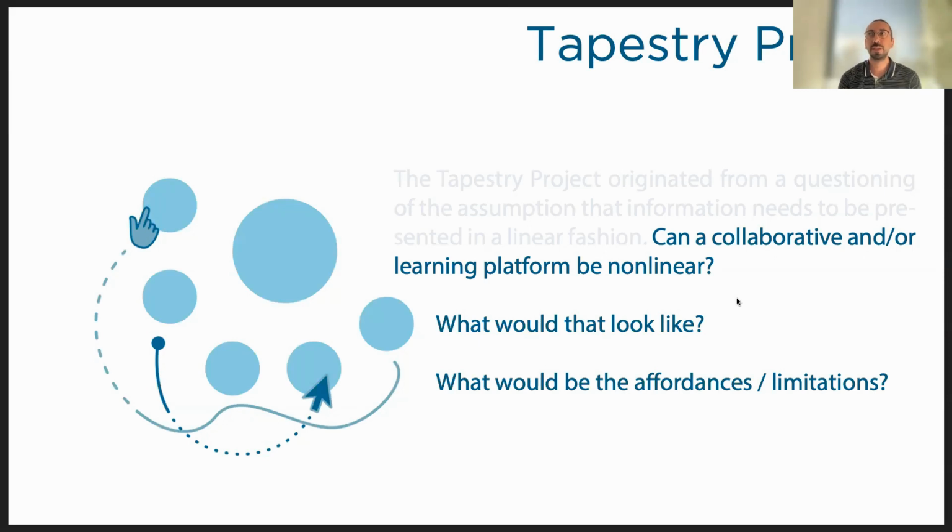What would the affordances and limitations be? If you think about a lot of the learning tools we use today in the university, books and blogs and websites, everything is always linear, one thing after another, a set of chapters, a set of pages that you read one after the other. So that's where Tapestry started, trying to think about whether there's a way to present information in a different way.